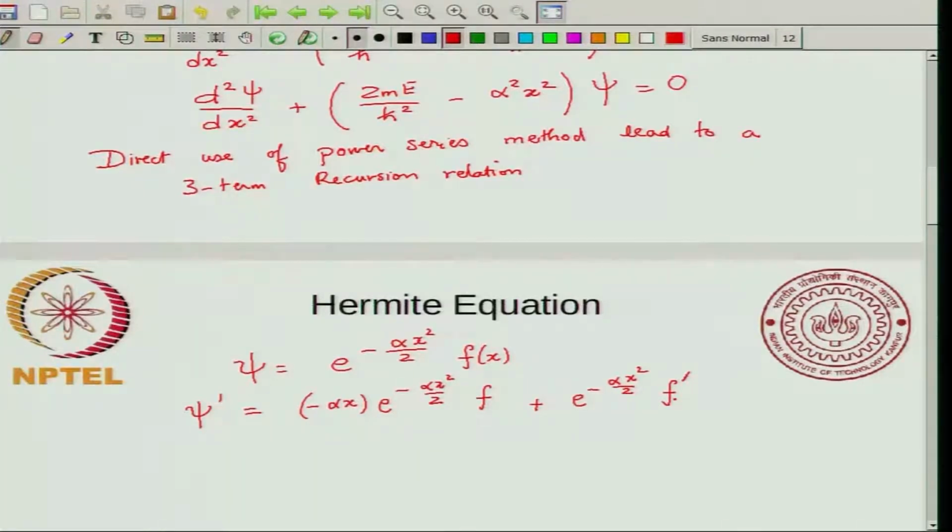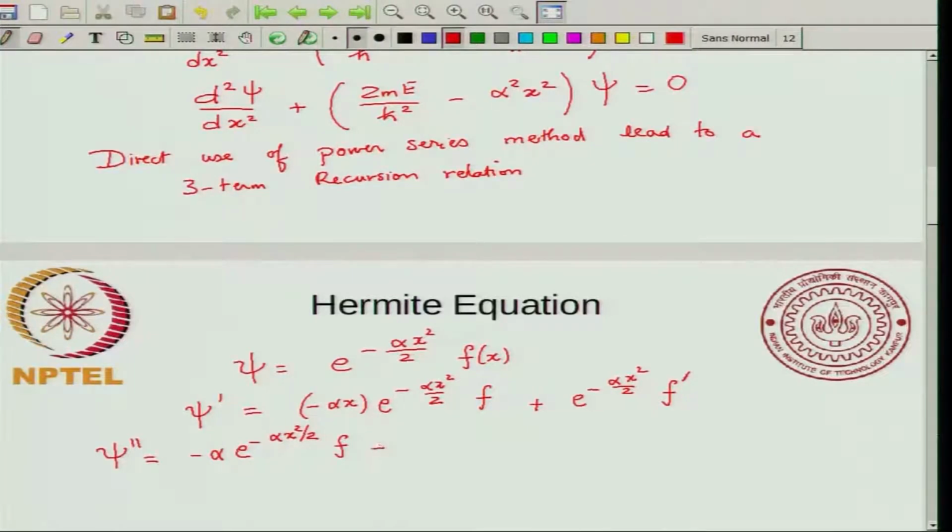But you can do this process, and then you can take your psi double prime. Let us write it down. So, I will get a term where I take the derivative with respect to this part. So, I will get minus alpha e to the minus alpha x square by 2 f. Then I will get a term where I take the derivative with respect to this.